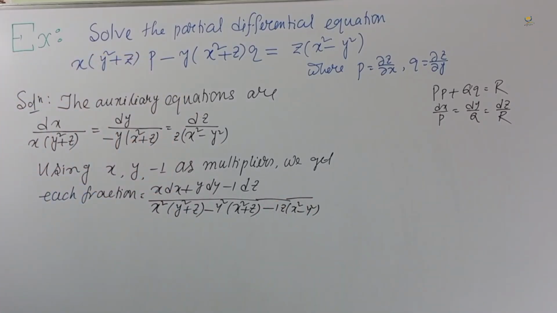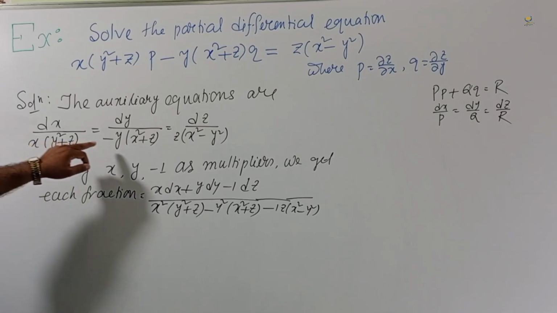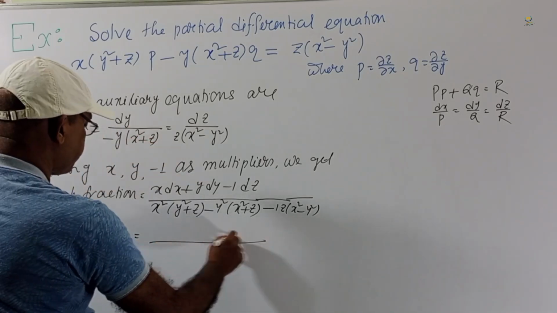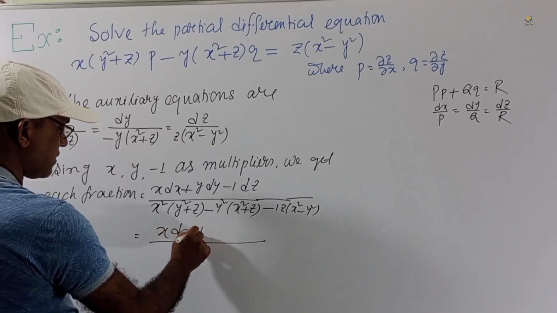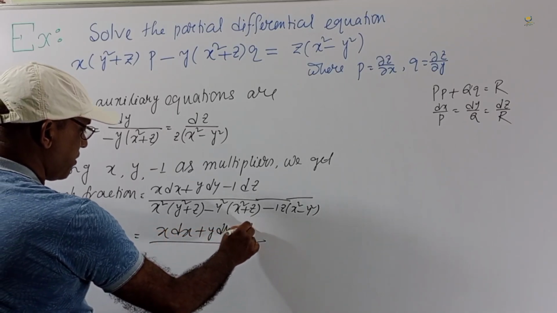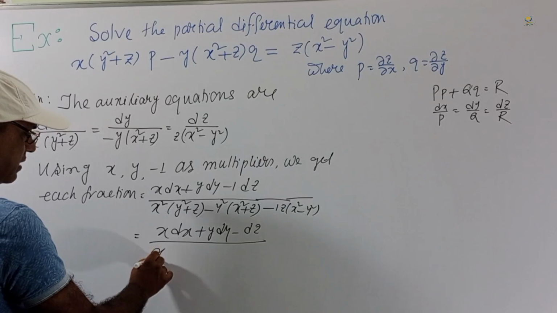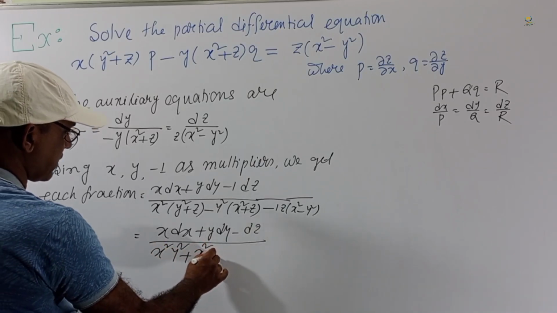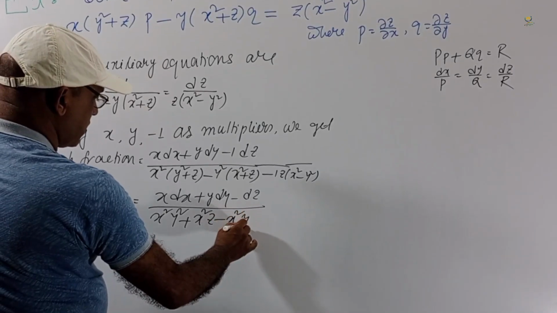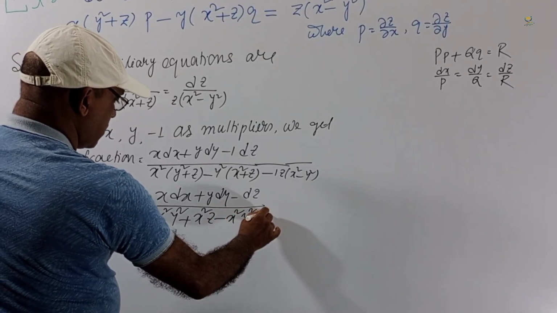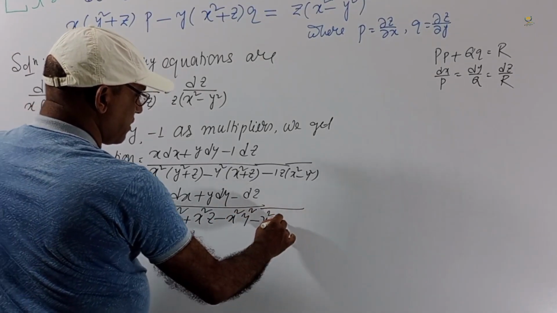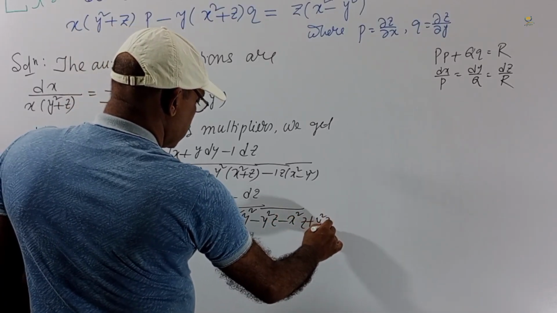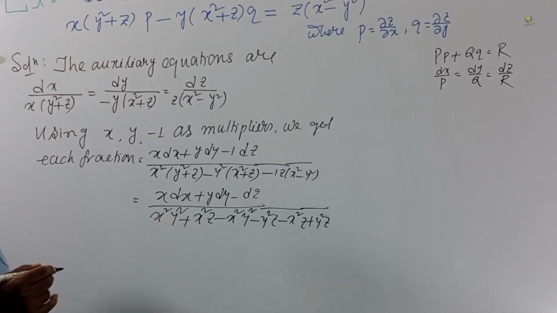We get this. Multiplying this one x, this one y and this one 1. So this will be x dx plus y dy minus dz. This is x square y square plus x square z, minus x square y square minus y square z, minus x square z plus y square z. If you multiply, we get this.